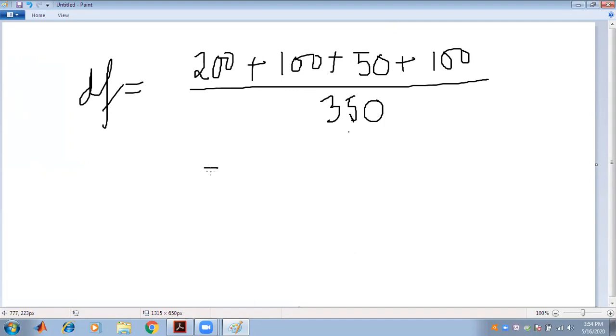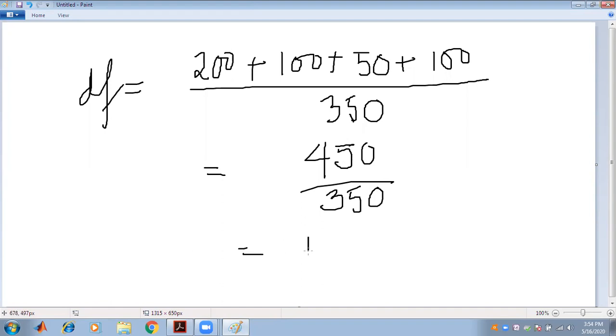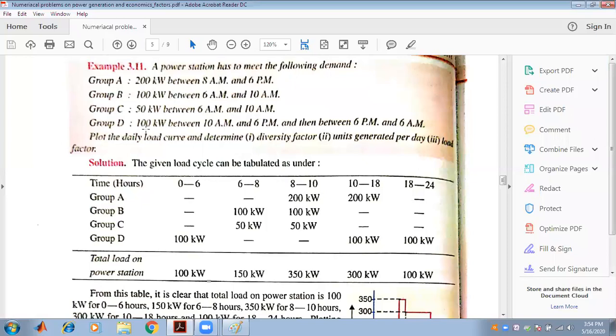So it is 450 by 350, and the value of the diversity factor is 1.286. Okay. Sum of the individual demands 200 plus 100 plus 50 plus 100 divided by the maximum demand of the station, 350.